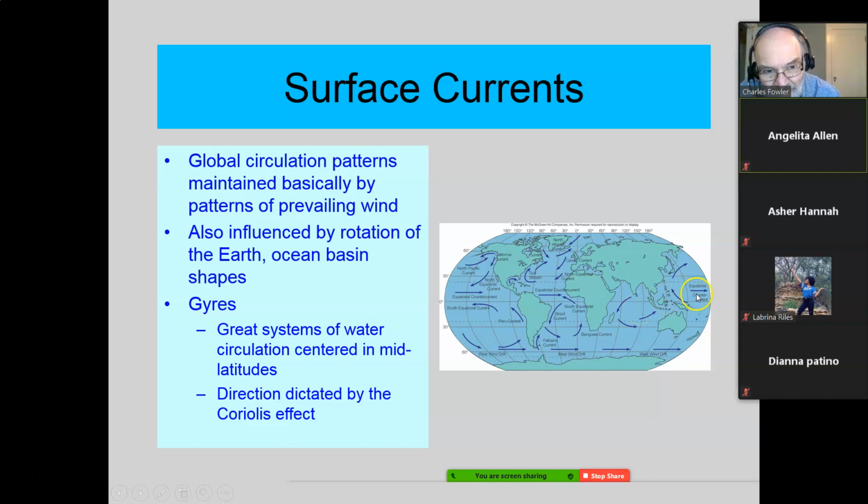Okay? Now, unfortunately, it looks like this one's going clockwise here, but that's because it's both southern and northern hemisphere. Okay, the equator is right there. Up here, clockwise. Over here, mostly clockwise. So in the northern hemisphere, these gyres are basically clockwise, and southern hemisphere basically counterclockwise, though you can have a few aberrations in that. Okay.